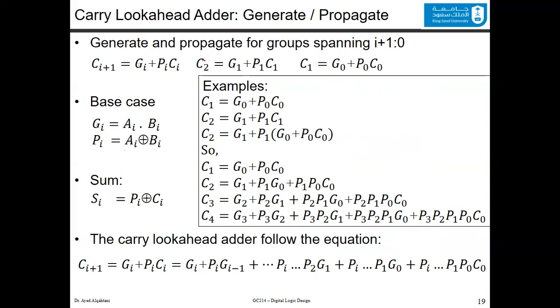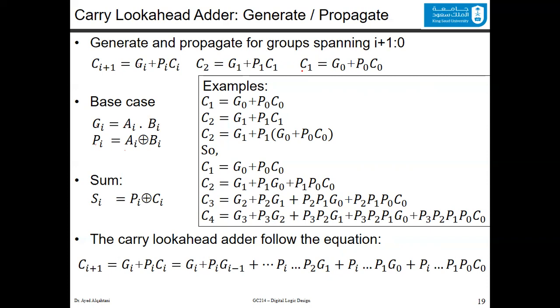Now, for example, if you want to get the carry on the second stage, carry 2, then it's either generated in stage number 1 or it's the carry 1 and then propagated to the next stage by the propagation of 1.